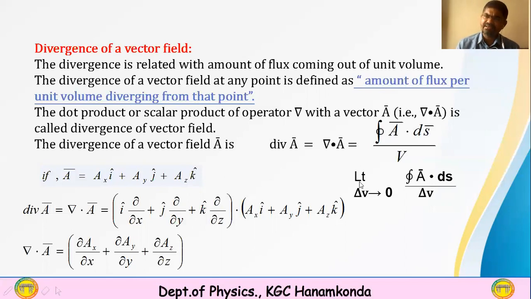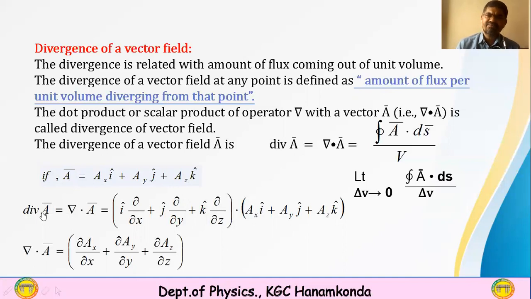This is also written as the limit as delta V tends to 0 of the integral of A bar dot ds bar by delta V. If I am taking this vector field as A bar equals AX i plus AY j plus AZ k, then AX is the component along the x-axis, AY is the component along the y-axis, and AZ is the component along the z-axis.